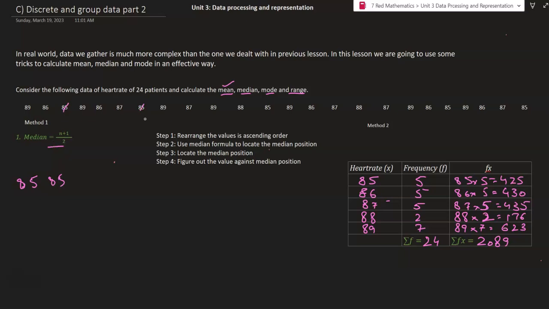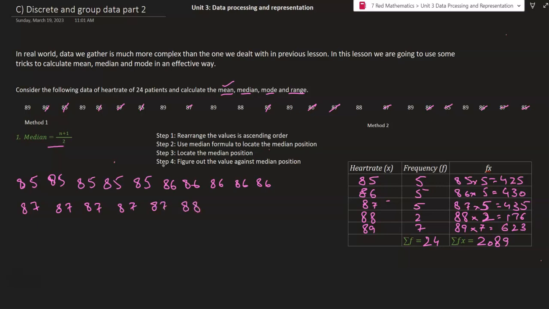We have five 85s. The next value is 86, which appears five times. Then 87, which appears five times. Then 88 appears two times.